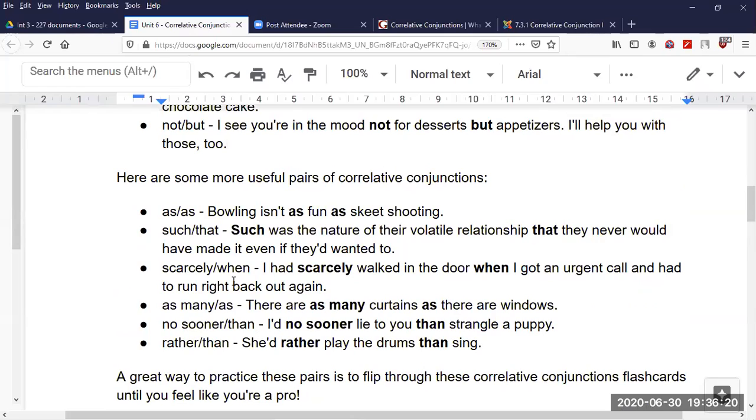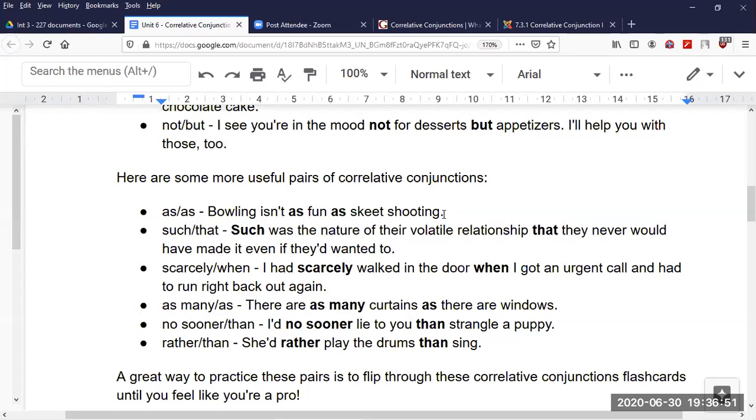And here are some useful pairs. I'm only going to go over a few of these that are common. So as, so we said, we talk about two things being equal or two things not being equal. So bowling isn't as fun as skeet shooting.